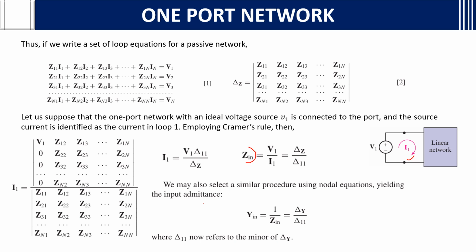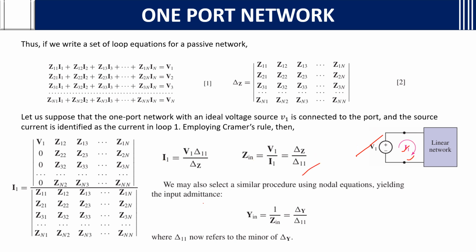So the input impedance Zin is equal to V1 by I, as V by I is equal to R. You know that. If you move this I1 to this side, what do you get? V1 by I1 is delta Z by delta 1.